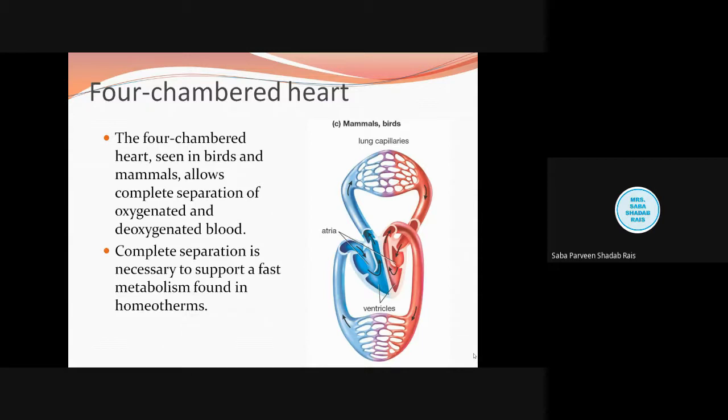Because as we go ahead in evolution, every system is advancing: your brain is advancing, your digestive system, everything is advancing. So that means the metabolic rate is also increasing.